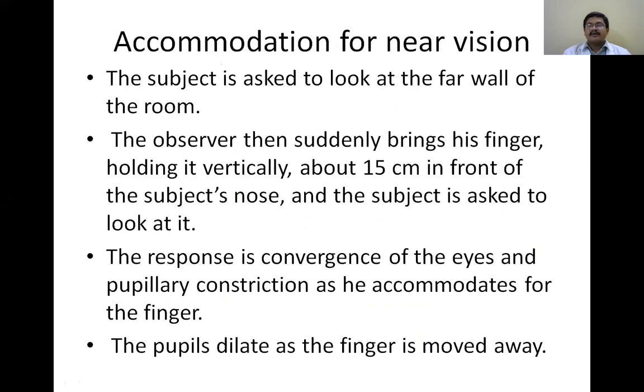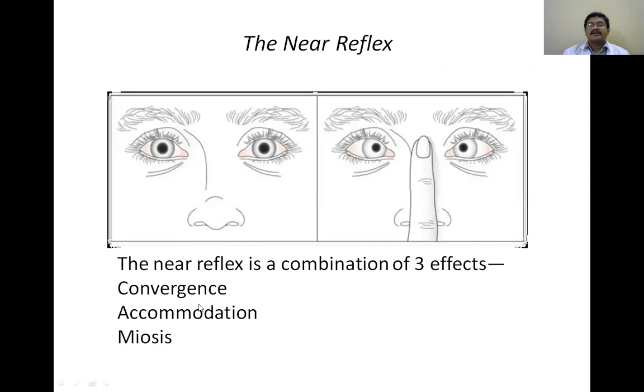Then you bring the examiner's finger, or any object, 15 centimeters in front of the subject's nose. Note the response of convergence of the eyes and the pupillary constriction, and when he accommodates to the finger, the pupil will dilate as soon as you remove it. This is the near response: convergence, accommodation, and miosis.